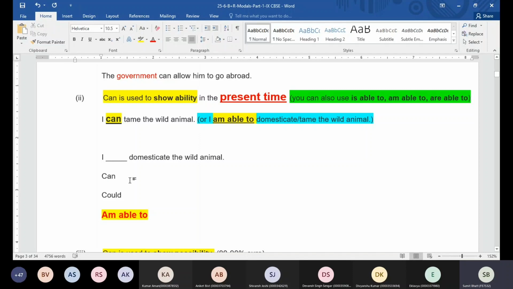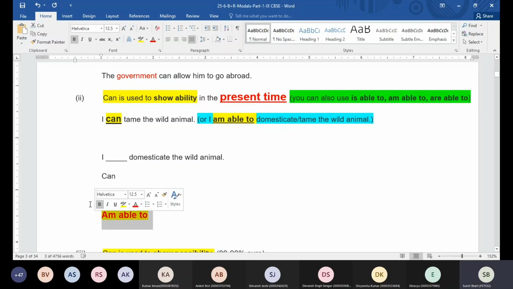So if you ever have to choose between the primary helping verb with the main verb and the modal, remember, we are always going to go for the one with the primary helping verb. That is going to be the most appropriate answer because here we are telling everything clearly. When I say I can domesticate the wild animal, that is going to be my secondary answer.